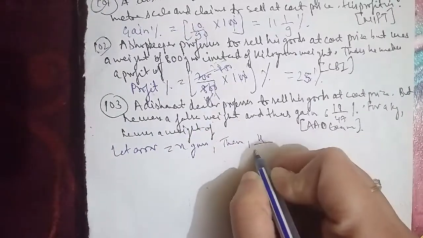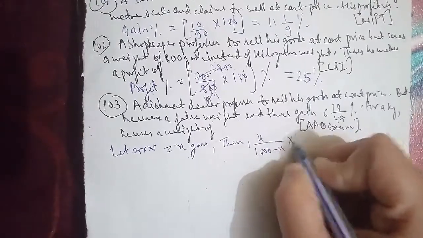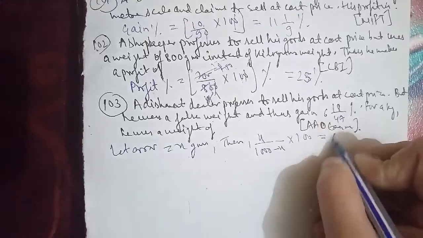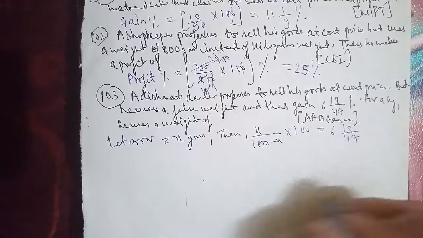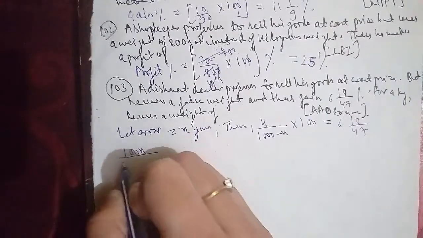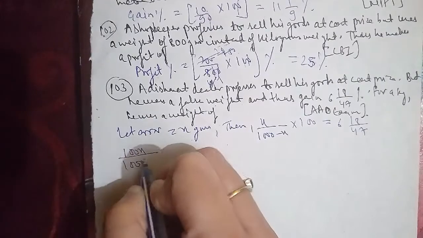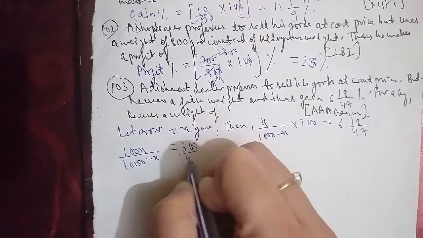That gives x equals 60. So the weight used equals 1000 minus 60, which equals 940 gram.